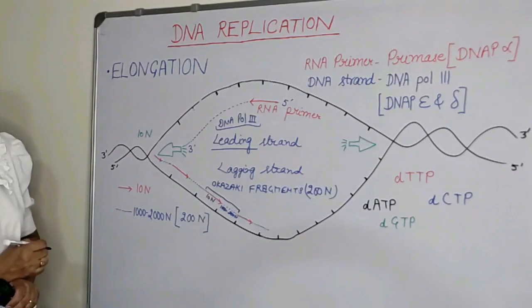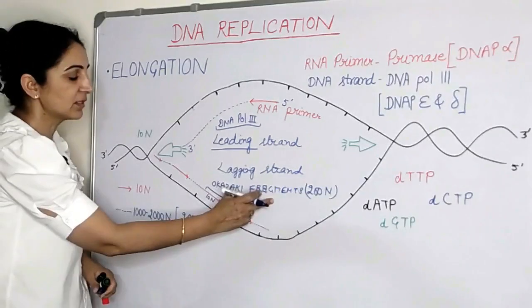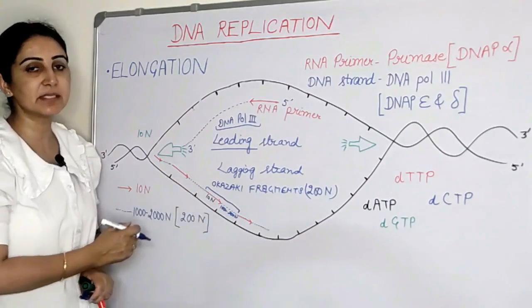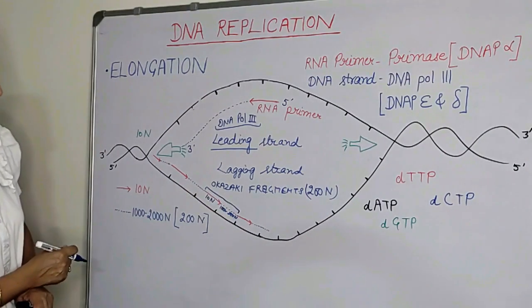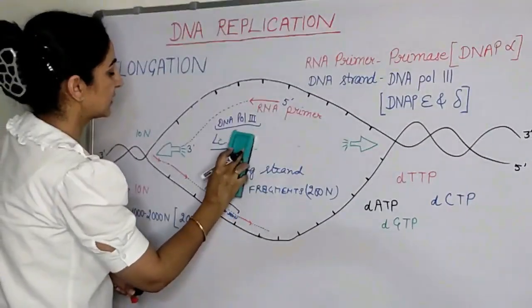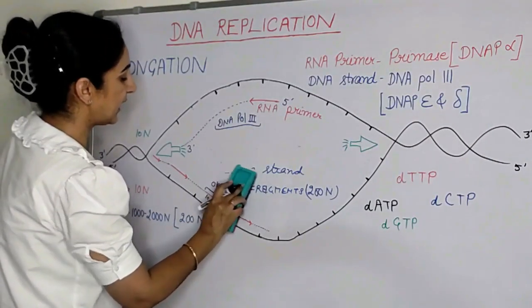So the length of the Okazaki fragments in humans is much shorter than in E. coli. So this is how you are synthesizing the leading strand and lagging strand.